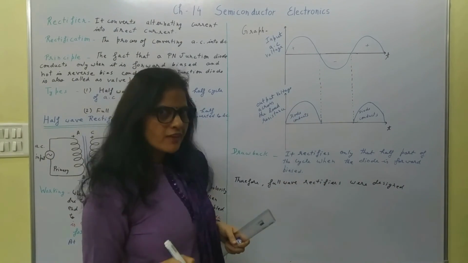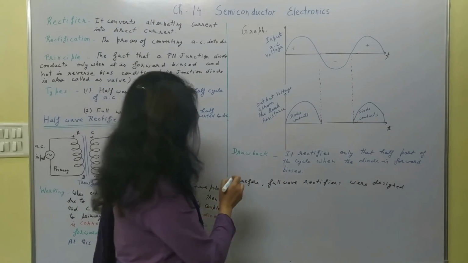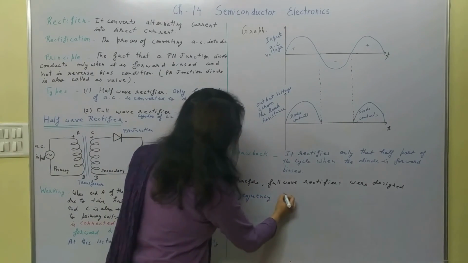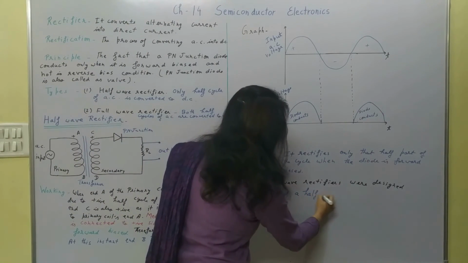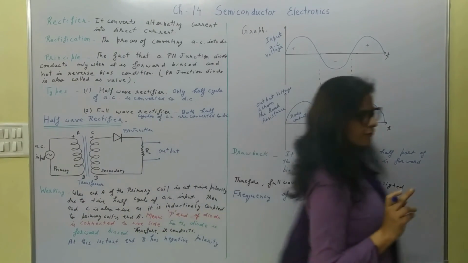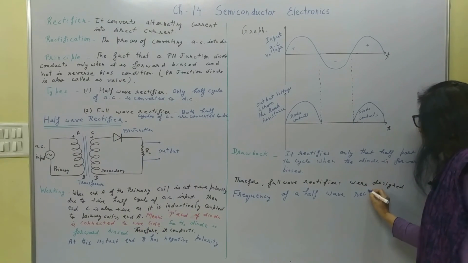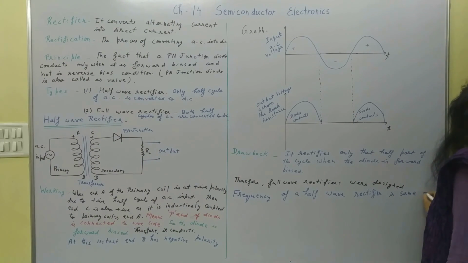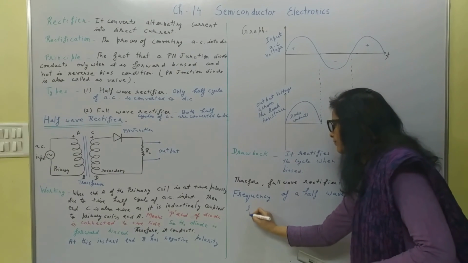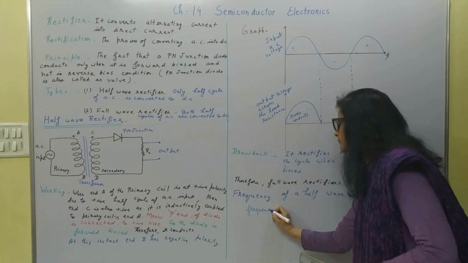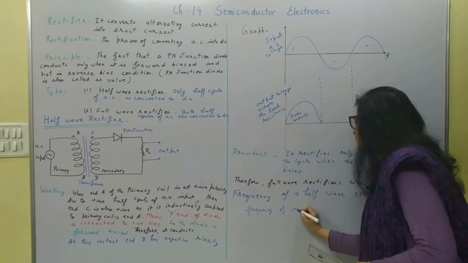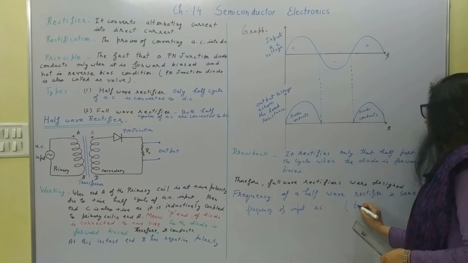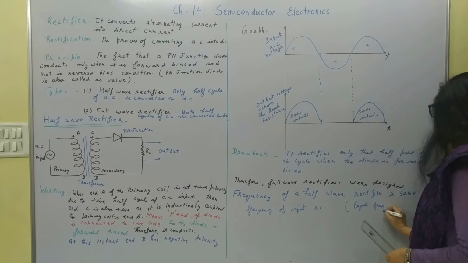So the frequency of the half wave rectifier output is the same as the frequency of the input AC, that is, equal frequency.